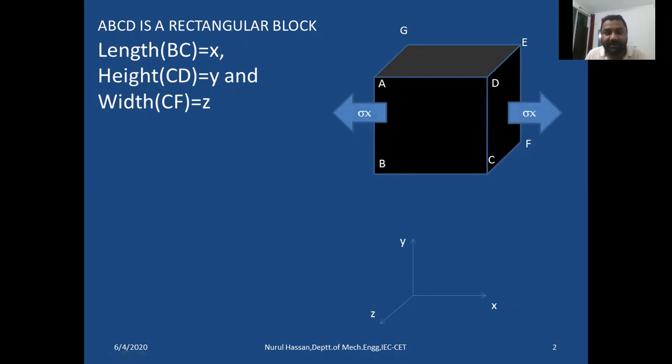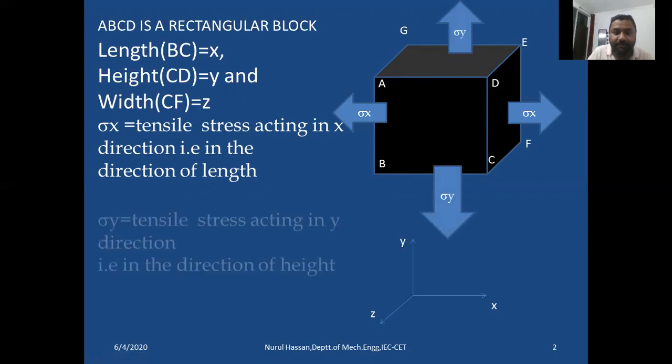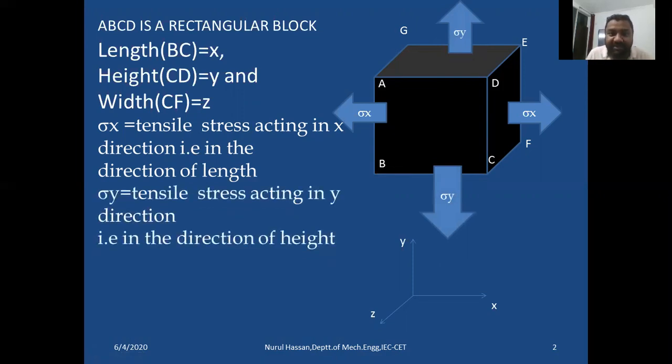Sigma X is the tensile stress acting in X direction, that is in the direction of length, because I have taken BC as the length X. Now sigma Y is the tensile stress acting along Y direction, that is in the direction of the height CD.